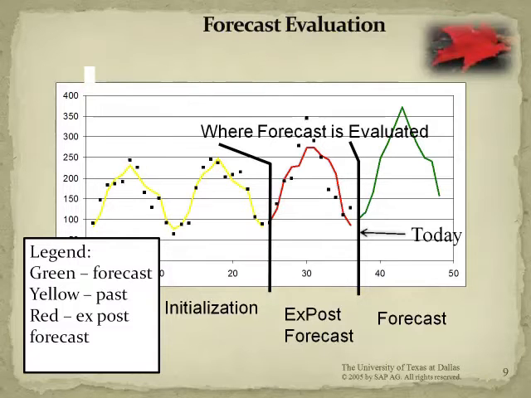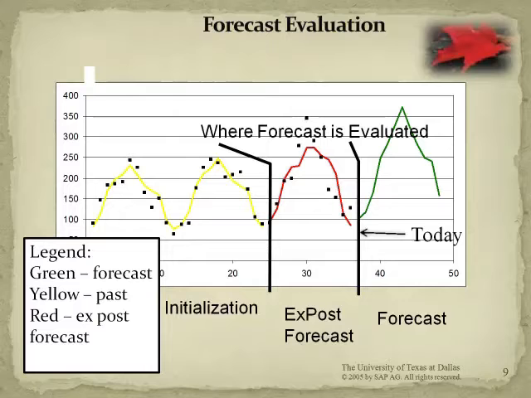So now that we know what we would have forecast in the past, we can compare that to what actually occurred. The little black square dots are the actual historical data. So in this ex-post forecast area, I can look at the error, and the error is the difference, the height, between the red line and the little black dot. That is the error.